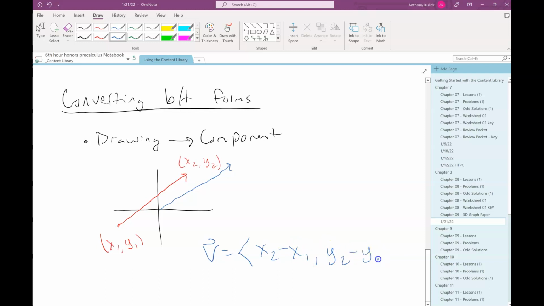So to do that, you're just going to take the head and subtract the tail from it. Sometimes this is referred to as the head minus tail rule. HMT is head minus tail. But that's it. Essentially, by subtracting x1 from every x coordinate and y1 from every y coordinate, you've taken that entire piece and you've just translated it. So now it's starting at the origin.